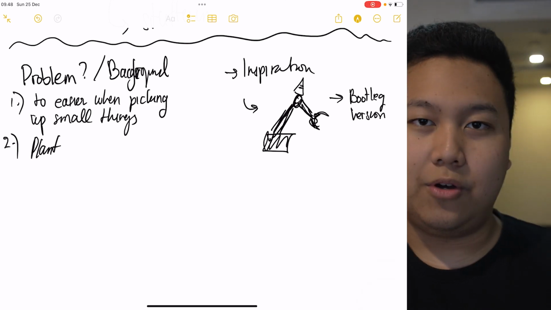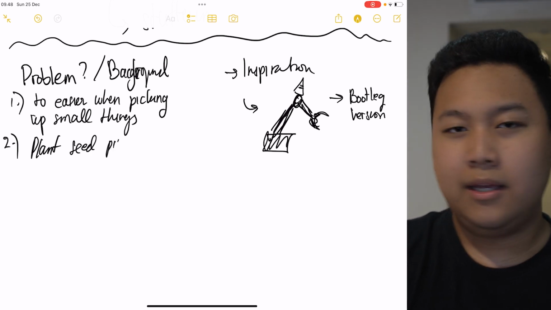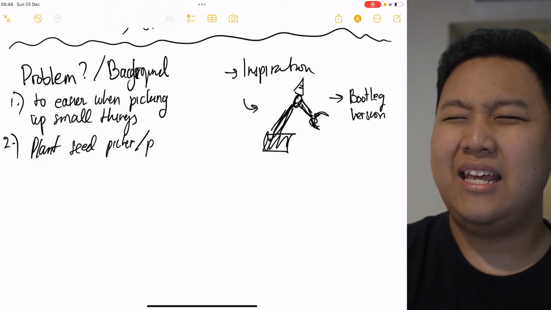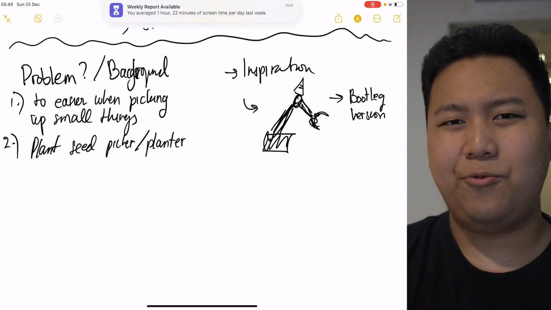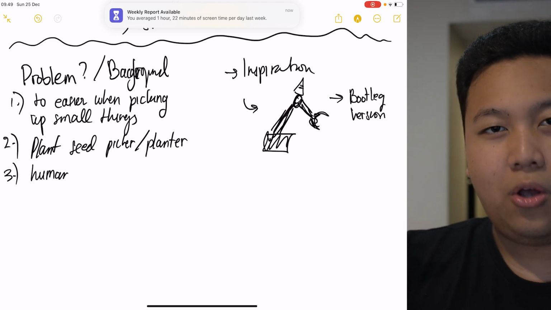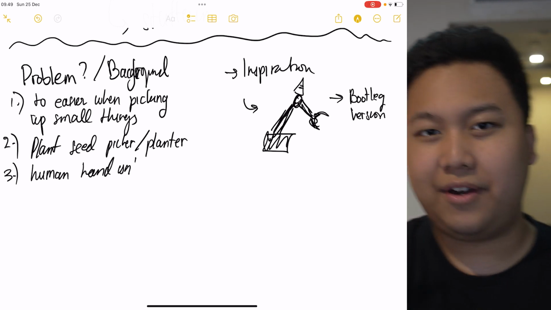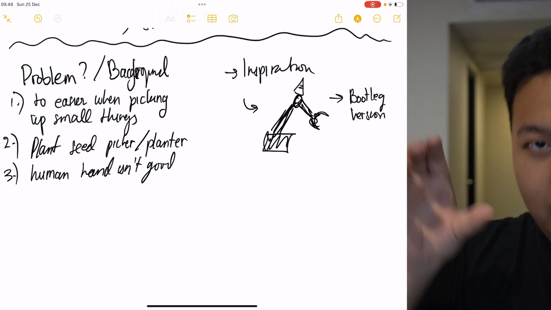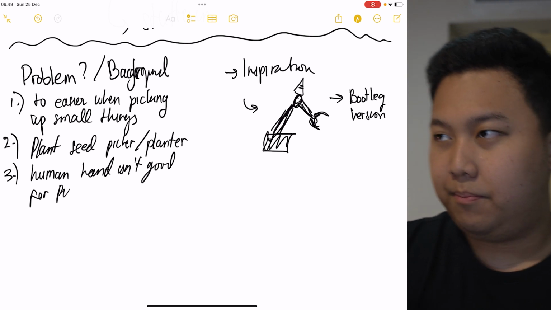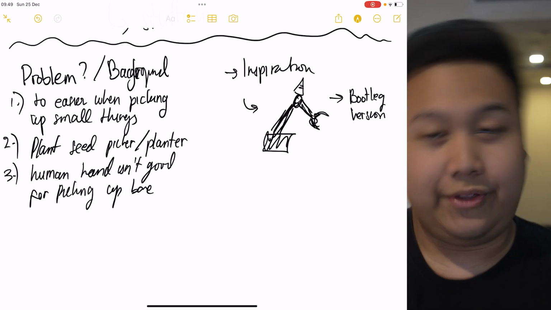So whenever I want to plant the seed, I don't have to reach for the seed, because the human hand is not good for touching seeds, because we have some salt and acid. Our seed is very acidic to take the seed and maybe put the plant itself.